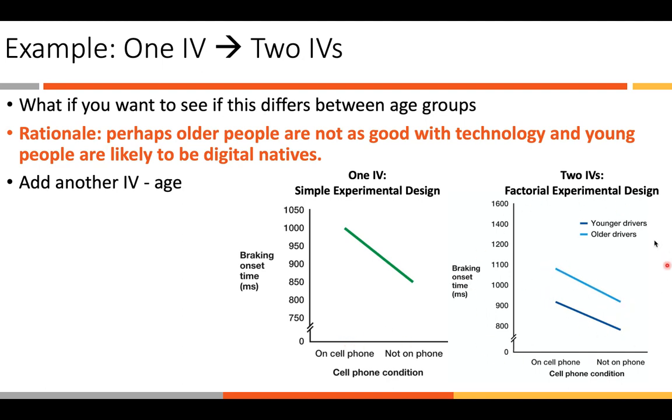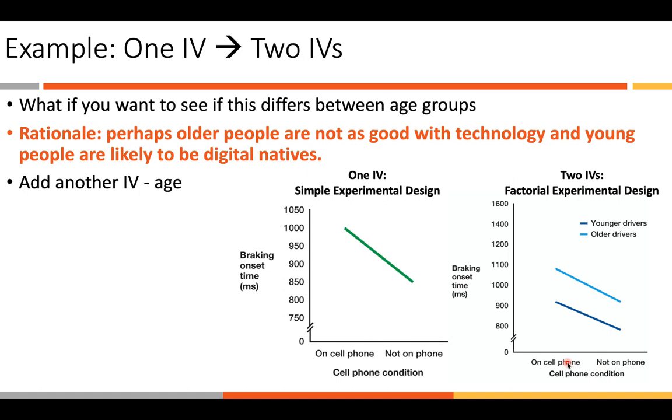And so what this added level of complexity allows us to do is examine first the effect of a cell phone, second, the effect of age, and then the more complicated piece of this is going to be the effect of age on cell phone use. So we're going to talk about this in much more detail later, but we call the effect of a single variable a main effect.